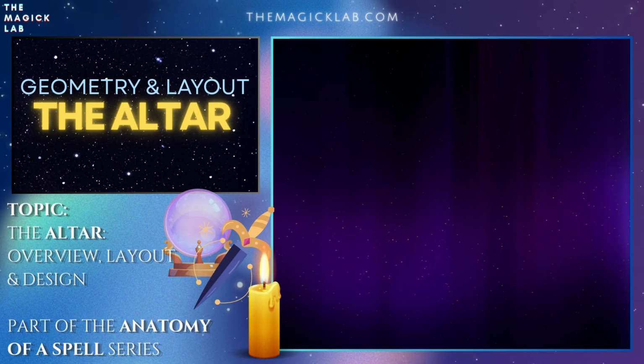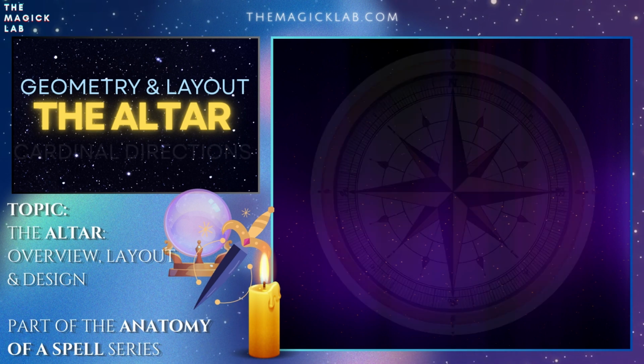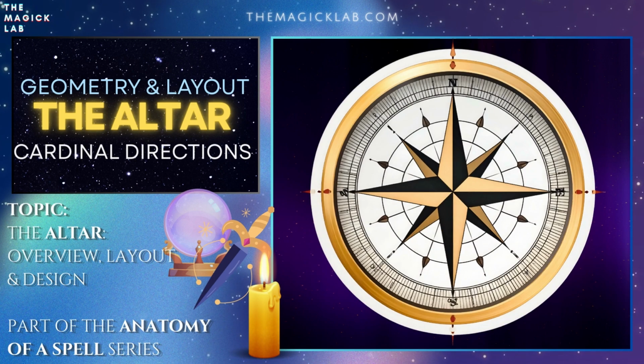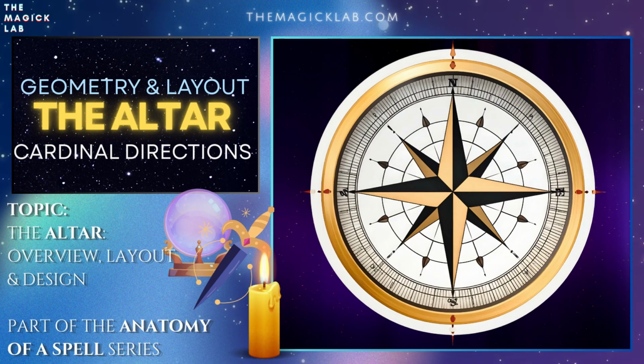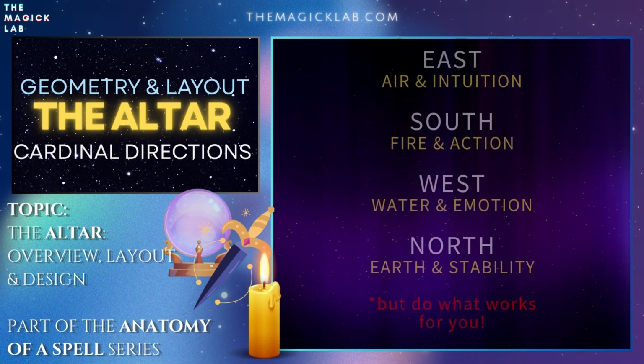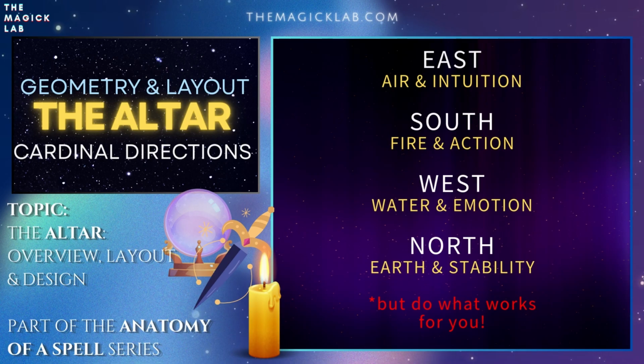Another layer of geometry that you can place on top of your altar would be the cardinal directions: north, south, east, and west, and then placing objects and materials according to these directions. So in most Western occultism, east represents air and intuition, south represents fire and action, west, water and emotion, and then north, earth and stability.